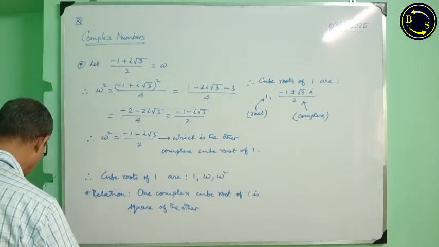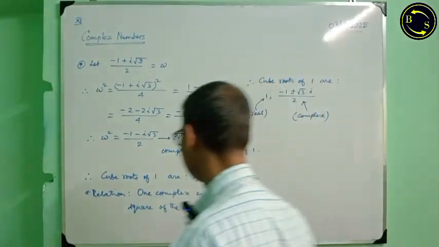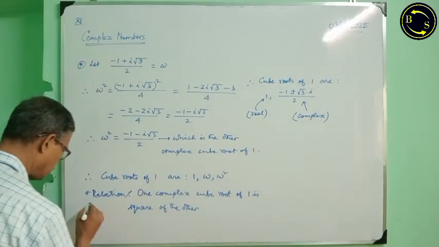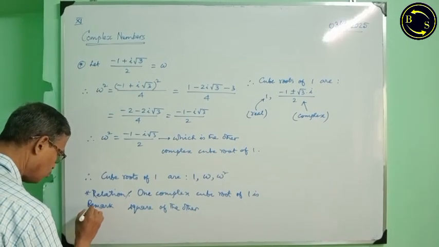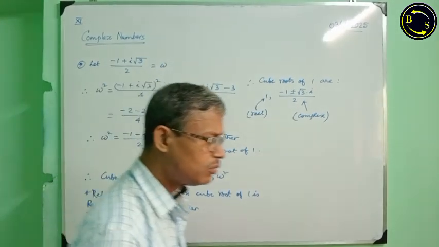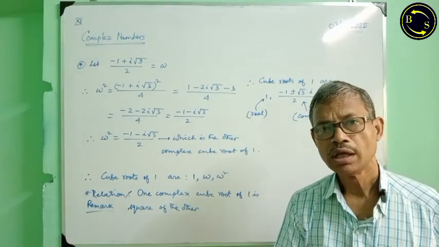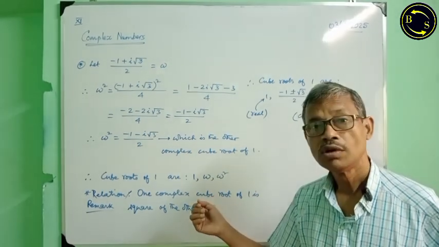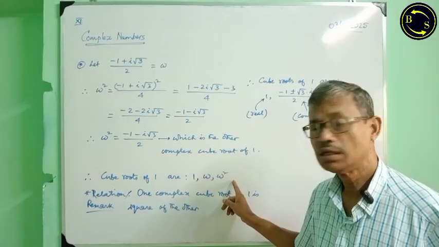We can write that as a remark, relation as well as remark. Now we have solved the equation x cube equal to 1, got roots 1, omega and omega square.